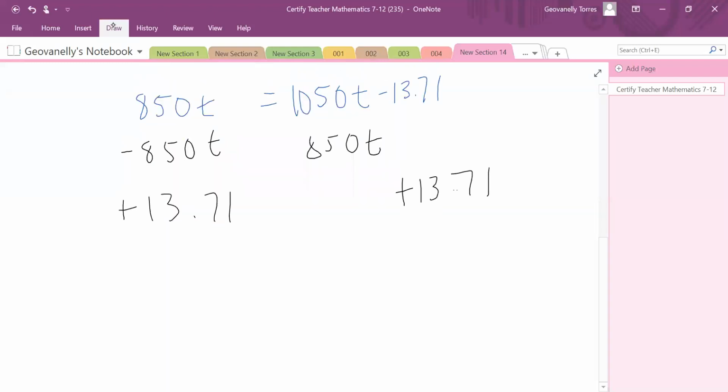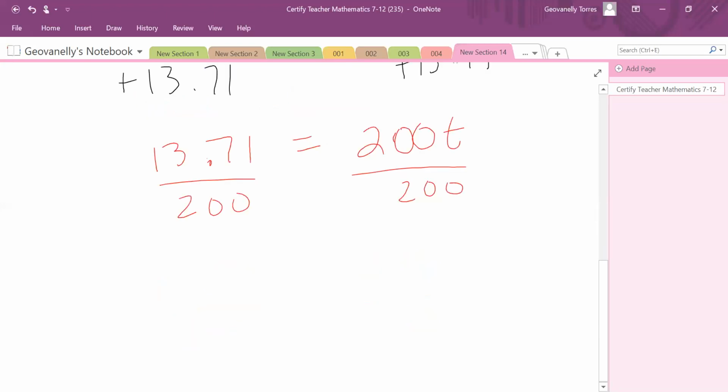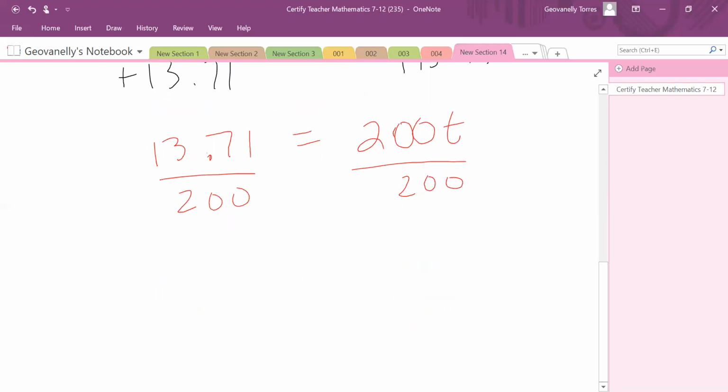So we are left with 13.71 equals 200t. So then we divide by 200 on both sides, and this is our value of t.